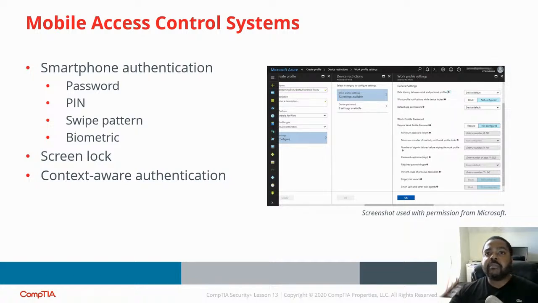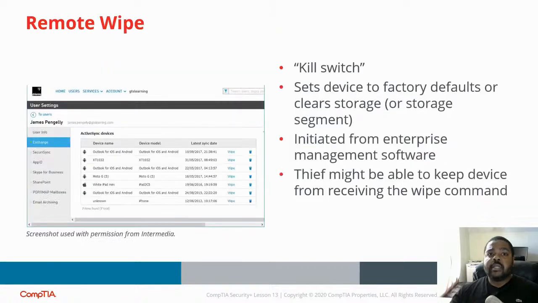So you may get some pushback on the biometrics, and you might have to rely on the PIN and the password in order for your users to use their devices. But it will behoove you to implement one or the other, if not two, in order to have multi-factor when it comes to your mobile devices.